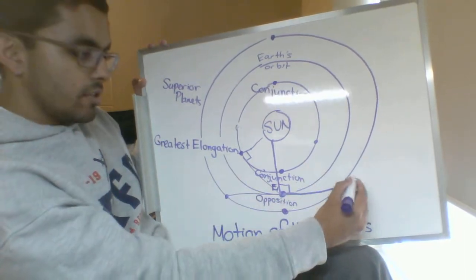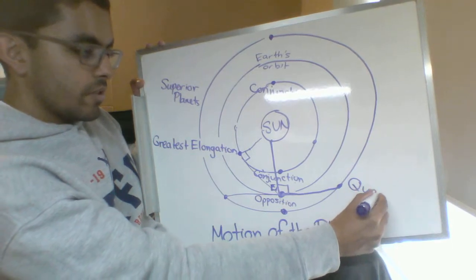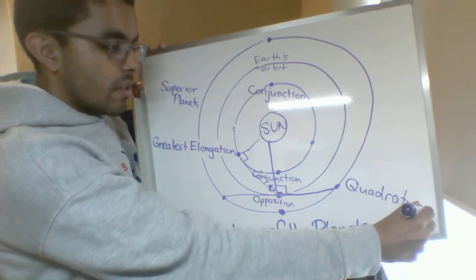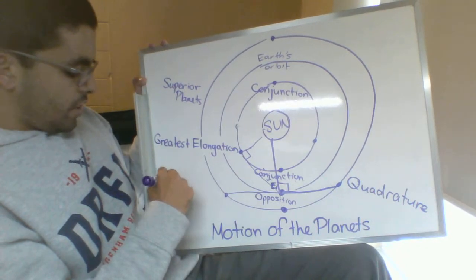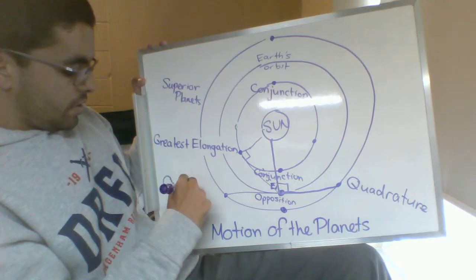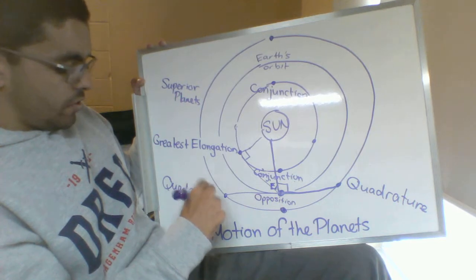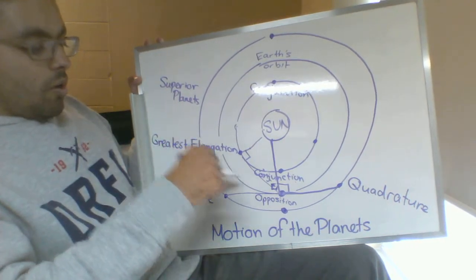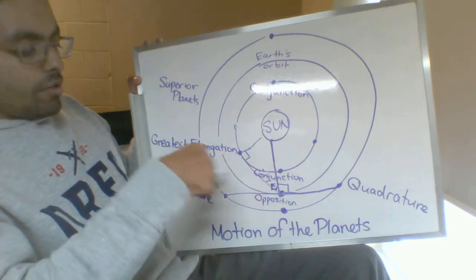This is known as quadrature. Quadrature over there, and quadrature over there. So we've got opposition there, quadrature on both sides.